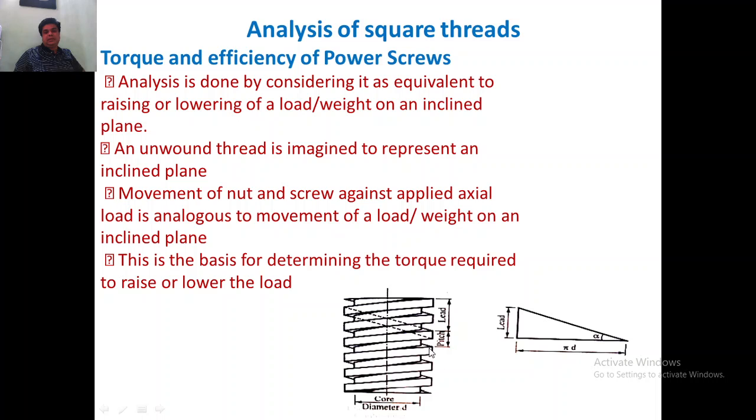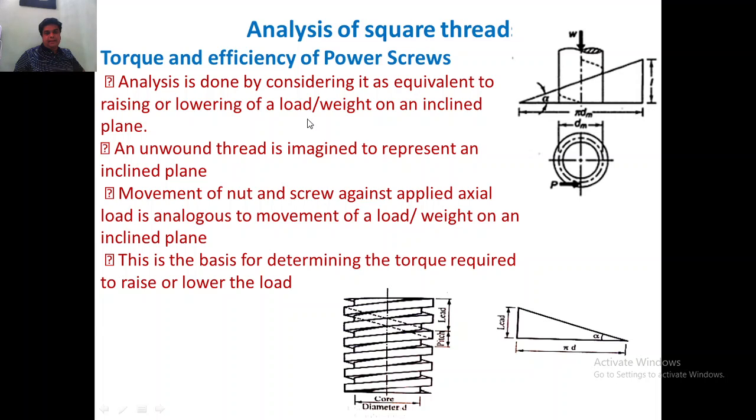So here you can see a power screw, this is the diameter of the screw rod, and we have the threads here, and the angle of this thread is alpha, what is called the helix angle.